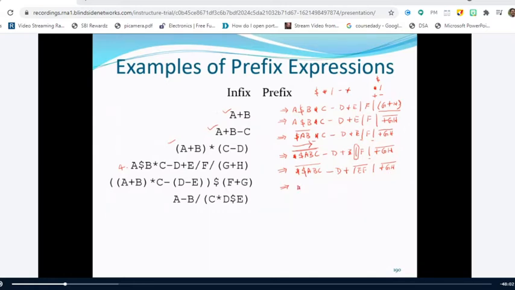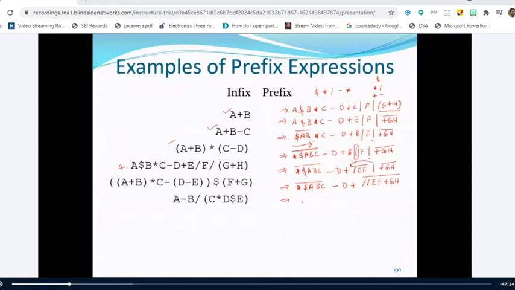Now when you solve this expression, it is star dollar abc minus d plus, and this division comes here. Therefore, division ef plus gh. Now you have to consider this entire thing as a single operand.